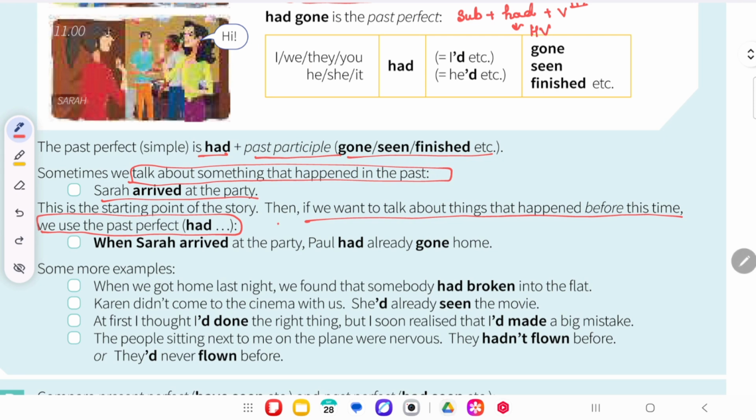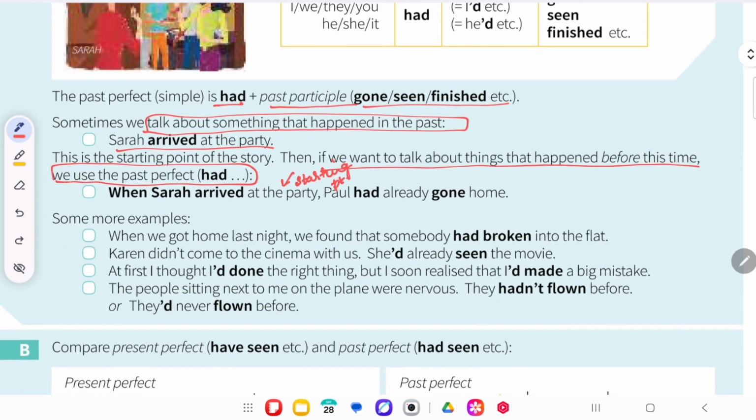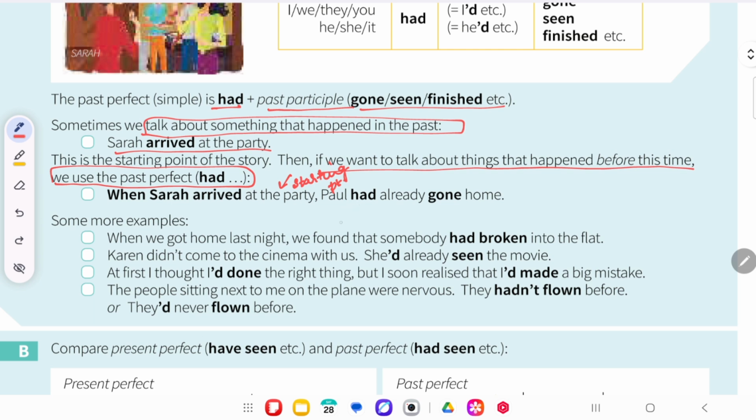The starting point is Sarah arrived at the party, and before that, we use past perfect.